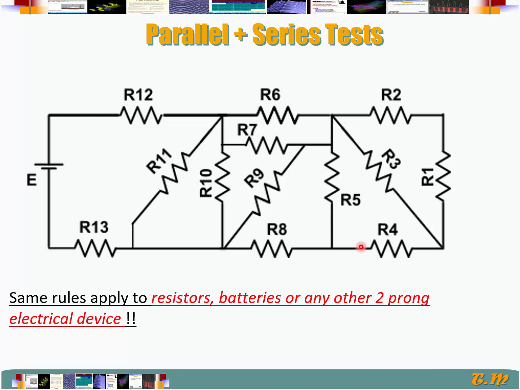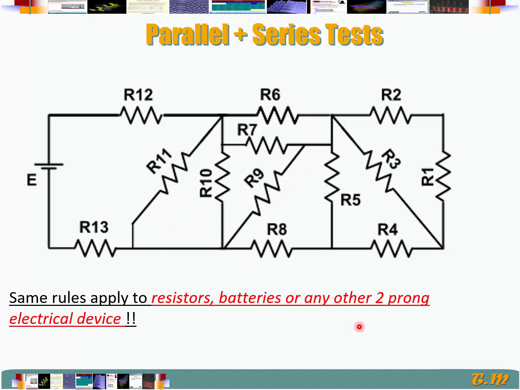However, what's good is, no matter how complex the circuit is, we can easily determine which two components, whether they are resistors or capacitors or any other two-pronged electrical device, battery, inductor, anything.